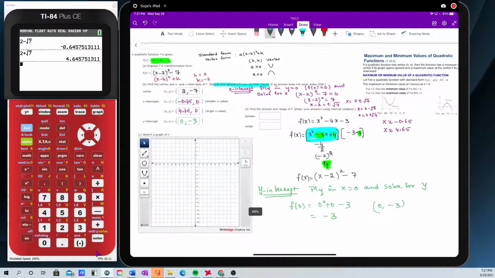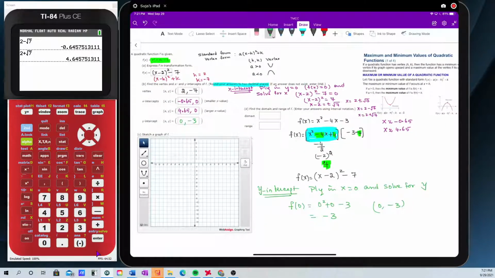Now with this information I'm going to plot the graph. First I'm going to put my vertex, 2 comma negative 7, which is a point down here. Now 0 comma negative 3 is the y-intercept. Because of the symmetry, there will be another point on this side, which would be 4 comma negative 3.